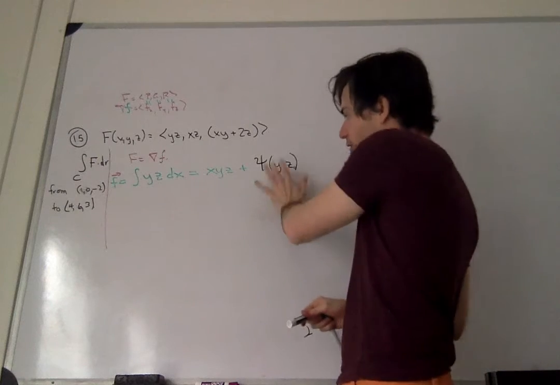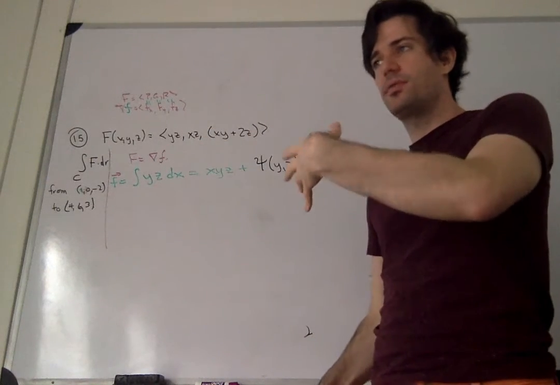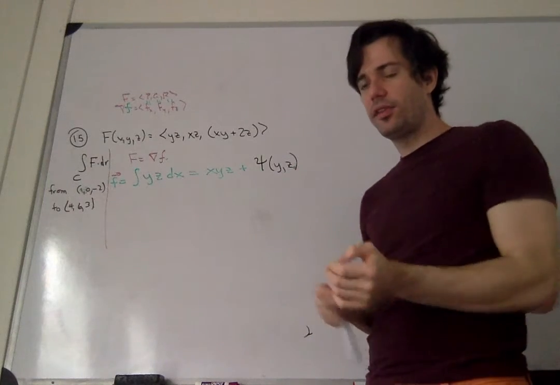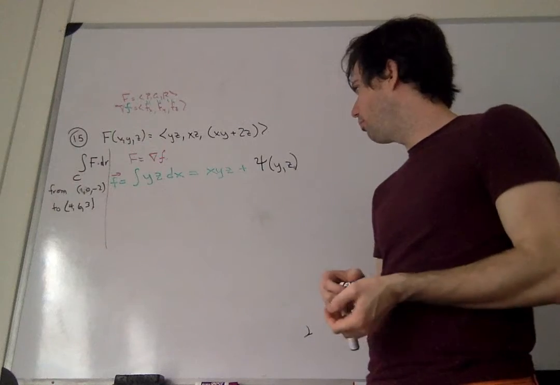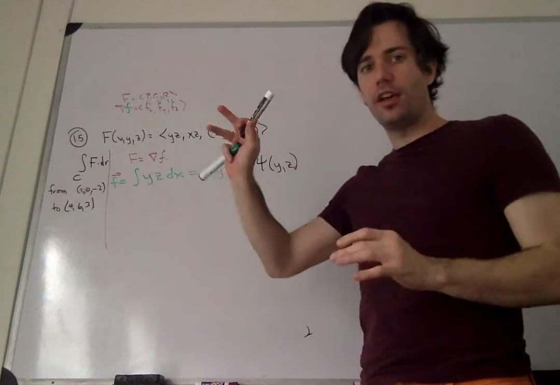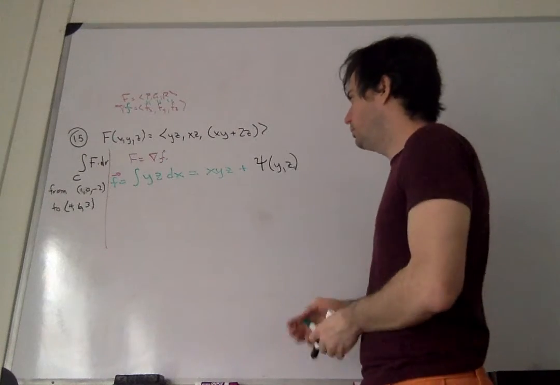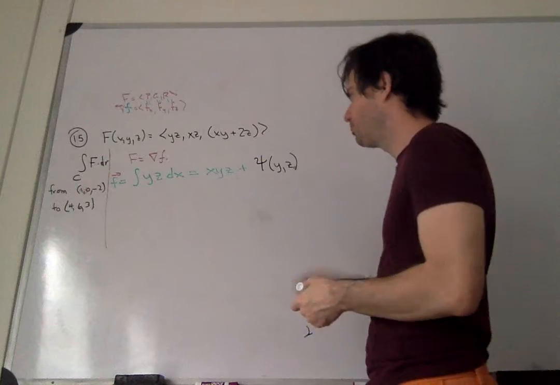So this could be a very complicated function. It could be sine of y times the tangent of z plus z times y cubed, for example. If I take a derivative of that, the whole thing goes away. There's no x. Plus 2,000 or whatever, plus some constants.